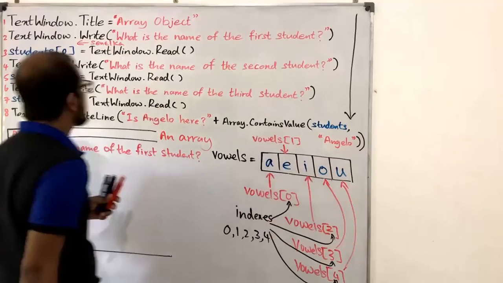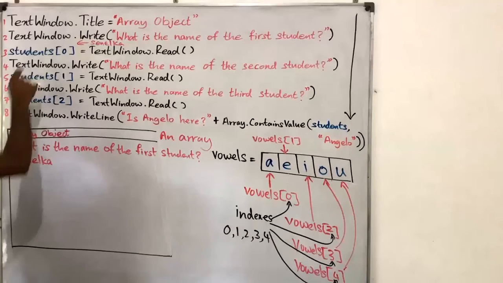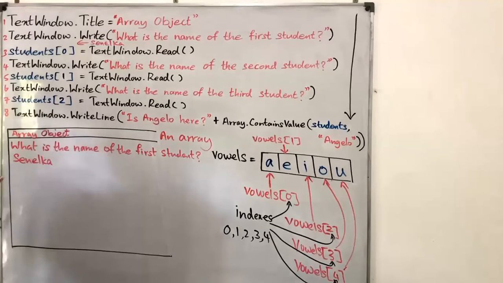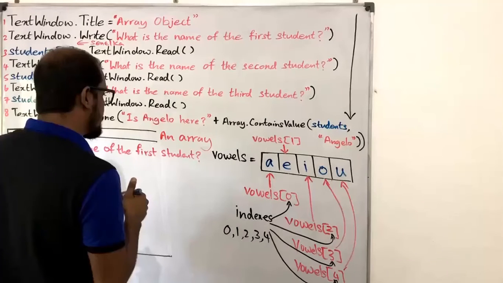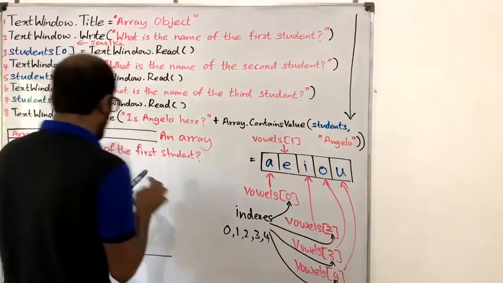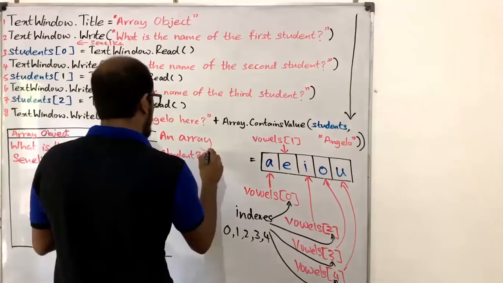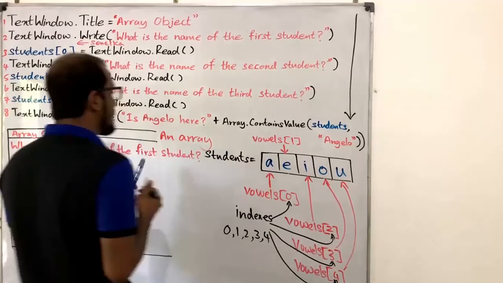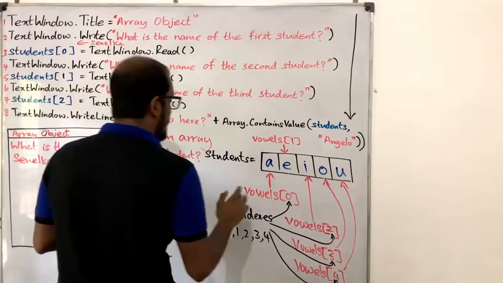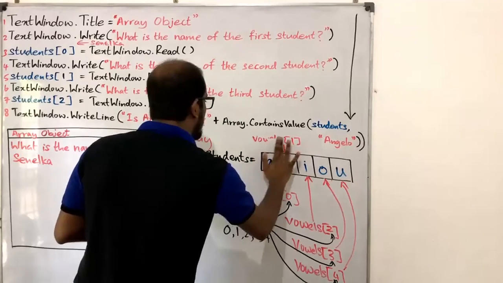So students means this is a students array, being created instead of vowels. These are the students positions.